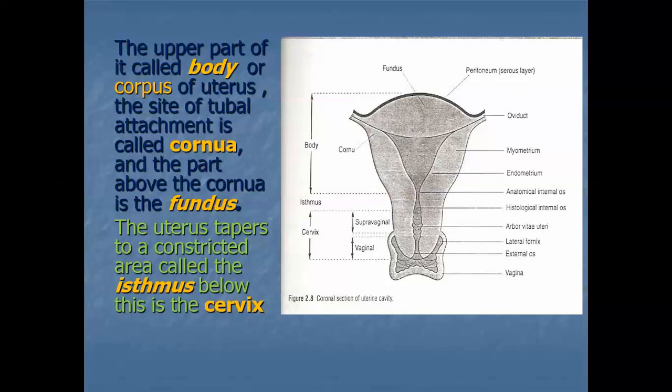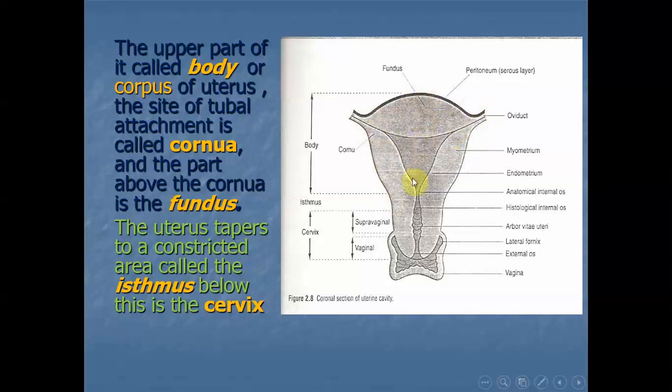The upper part of the uterus is called the body, or corpus, of the uterus, extending from the fundus to the lower part of it. The entrance of the tubes at the angles bilaterally, this area we call the cornua, and the part above the cornua is the fundus.